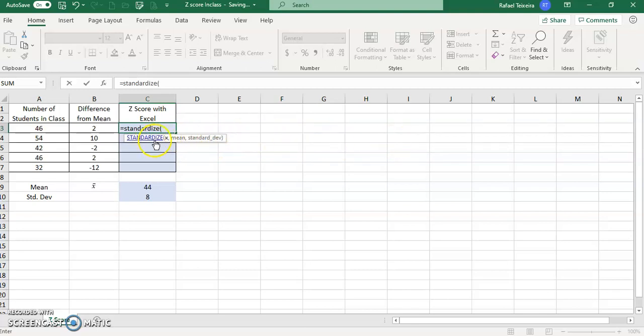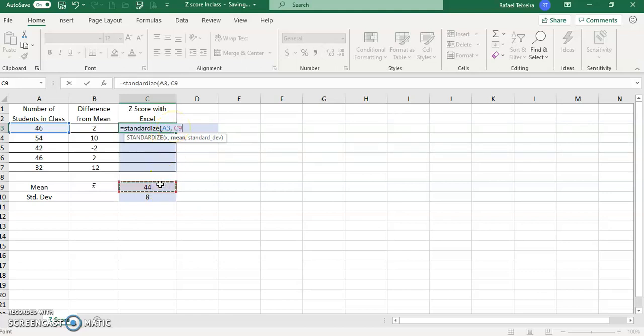I open parentheses, and then I need 3 pieces of information. The first piece of information is right here, the x. The x is the value I want to standardize. The value I want to standardize is this, and then the next information I have to input is a comma, and then Excel turns into bold this piece of information, which is the mean. Excel is blinking here, it's telling you what is the mean.